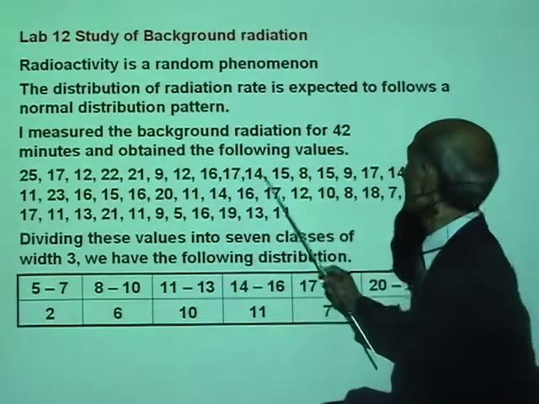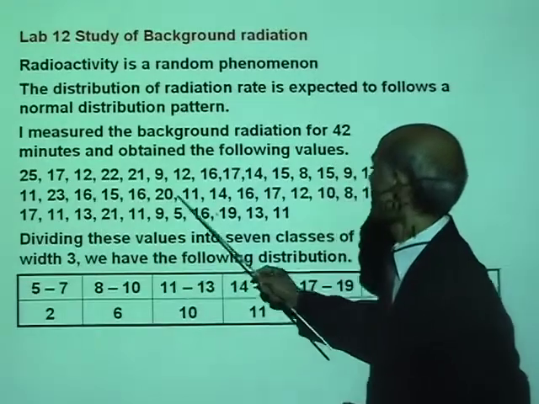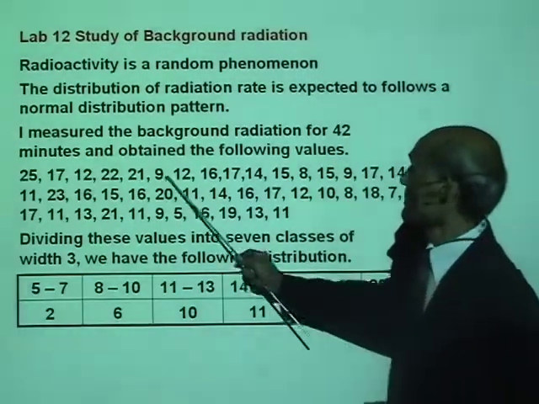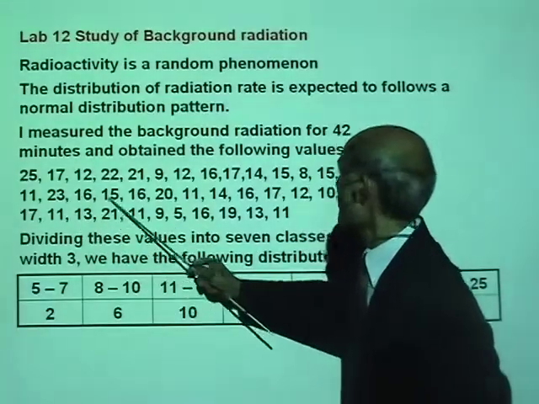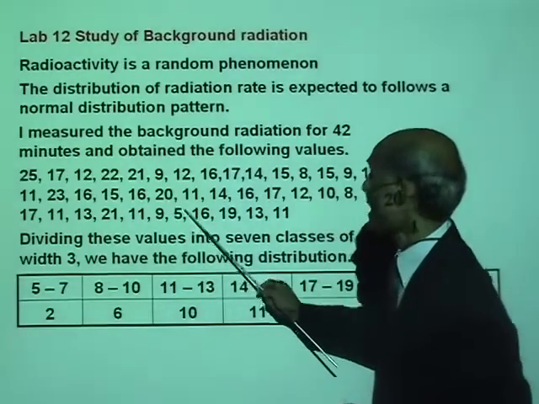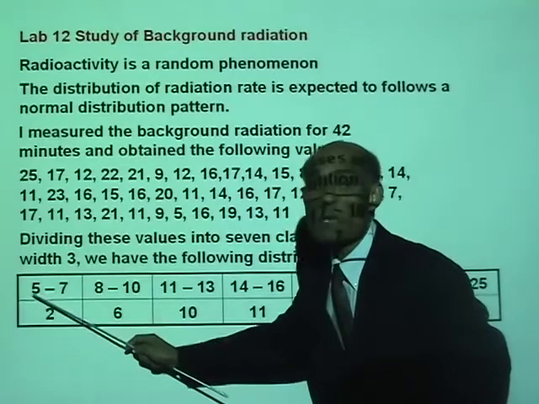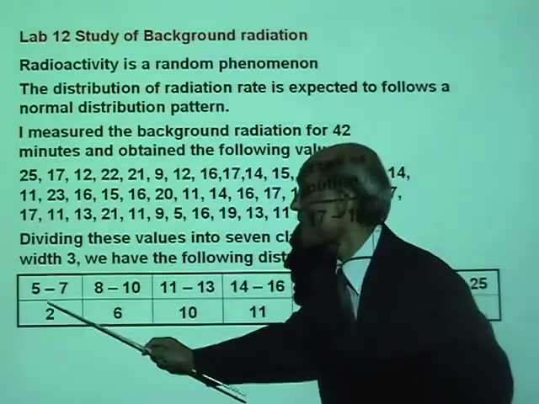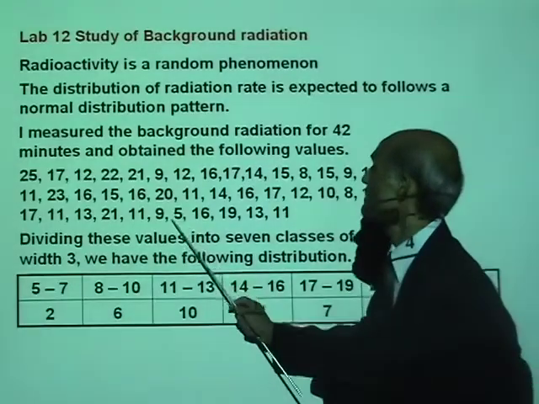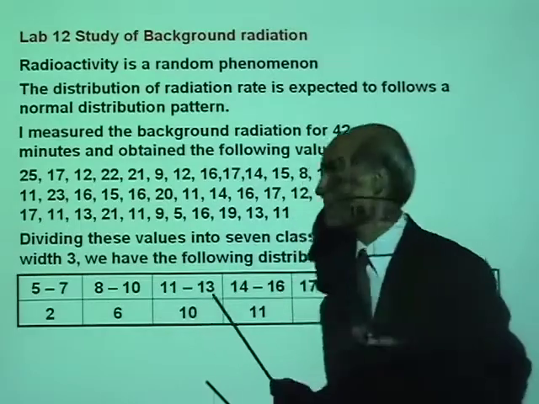If you look in here, there is a 7. Is there anything else in that class? Yes, there's a 5. So from 5 to 7 there are just 2 values. There is a 7 here and a 5 there.